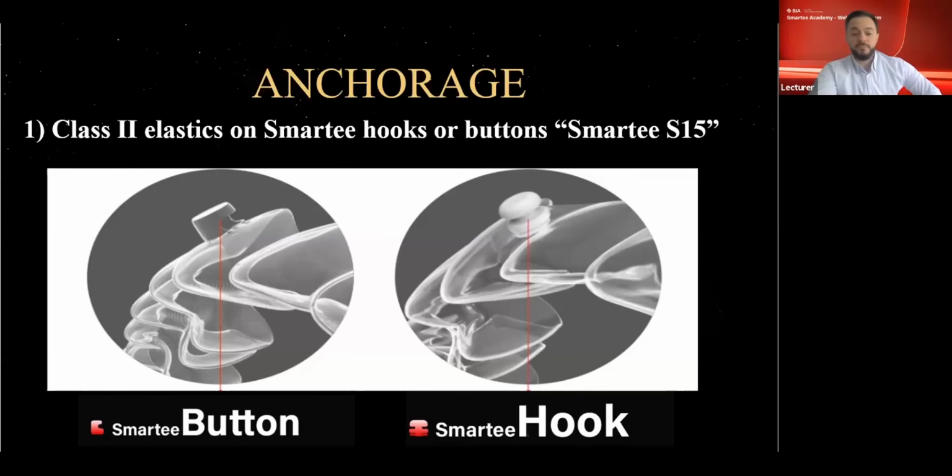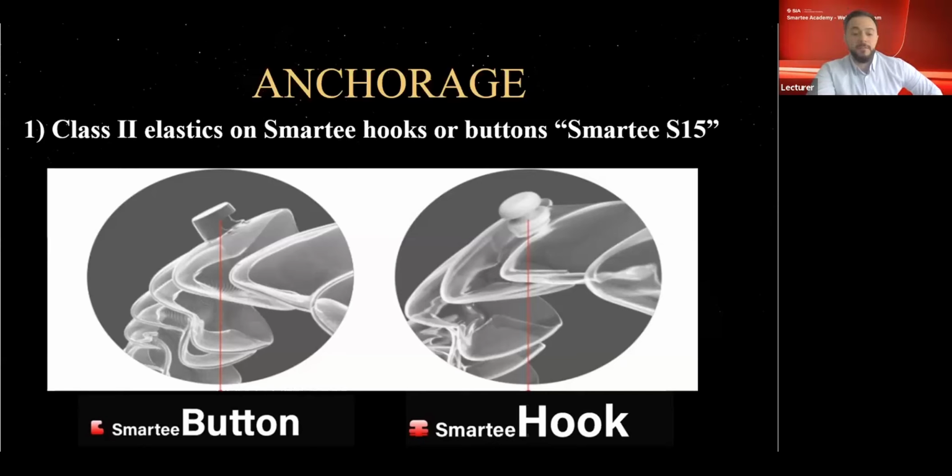But we always face issues when we have these buttons, such as breaking and debonding of the buttons. Another thing is that we cannot apply an attachment on the tooth which has the elastic hook. It might interfere with the position of the elastics.